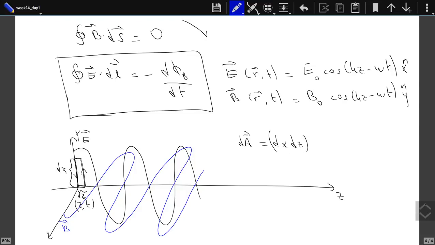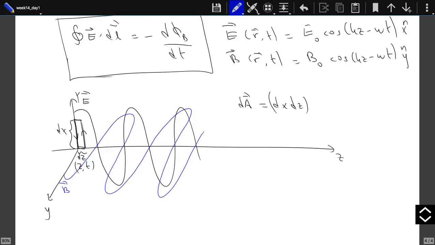In which direction? Just a right-hand rule. It's in the y direction. The magnetic flux is just B dot dA. B only has the y component, and this is in the y direction anyway, so you just multiply the corresponding y components. This is equal to B0 cosine (kz minus omega t) times dx dz.